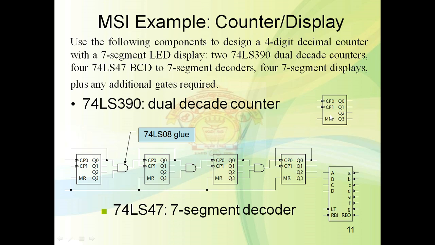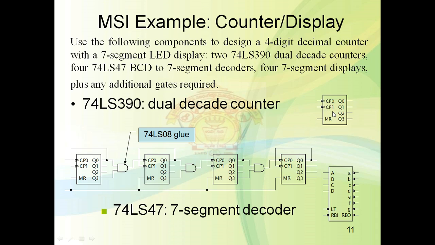The 3-bit counter has outputs Q1, Q2, Q3. So we can combine these counters to get Q0, Q1, Q2, Q3. It has two inputs, CP0 and CP1, clock pulse 0 and clock pulse 1.